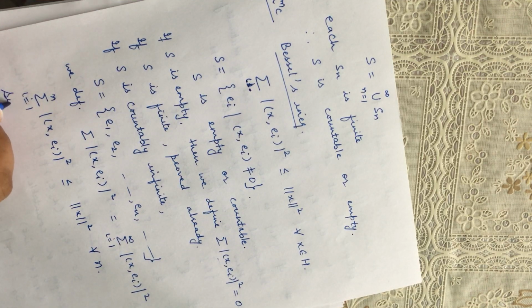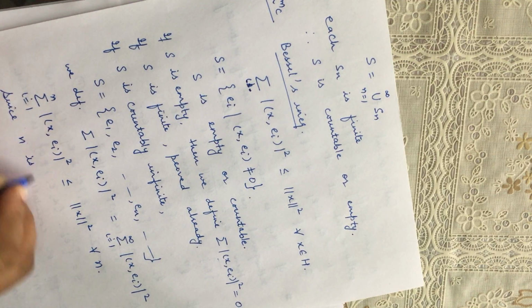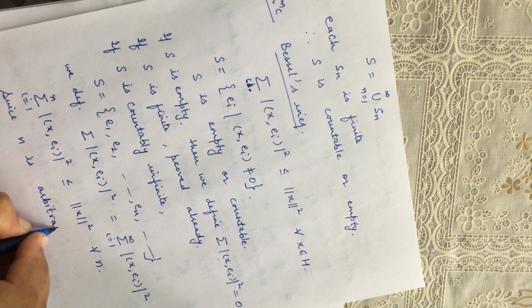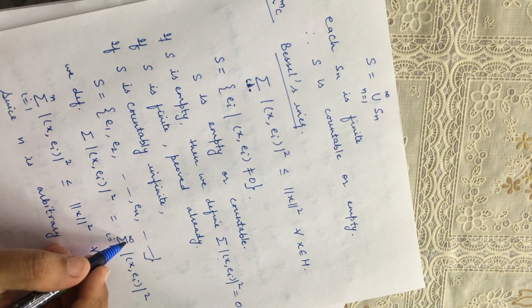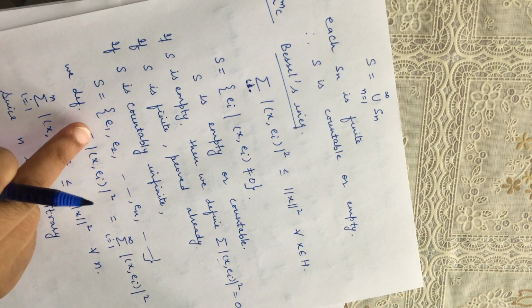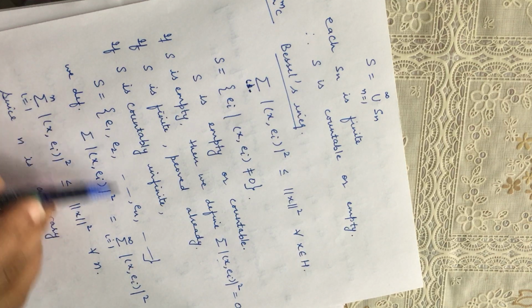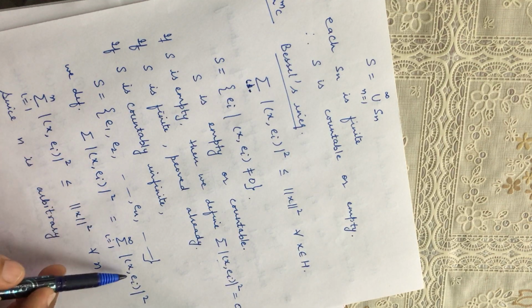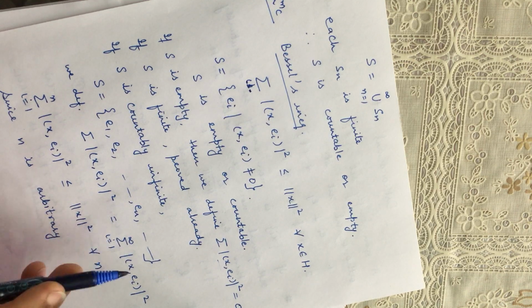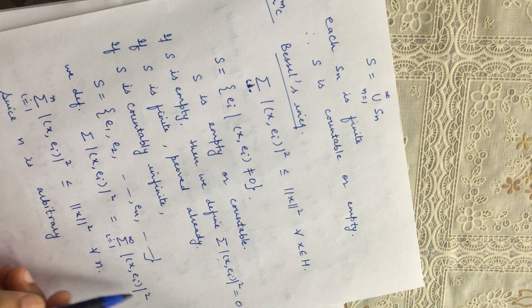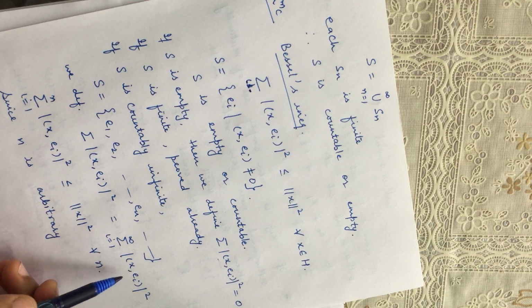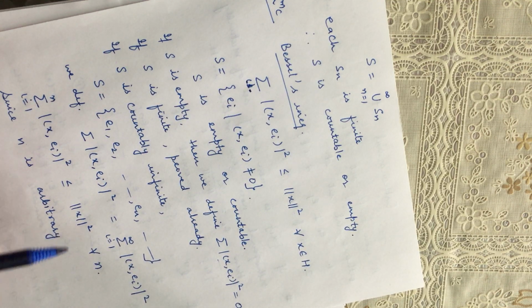Now we know that this summation from 1 to infinity does not depend on the arrangement of the vectors of S. It depends only on the vectors of S. That means if this series is convergent, it is absolutely convergent, so by any rearrangement, the sum will not be changed.